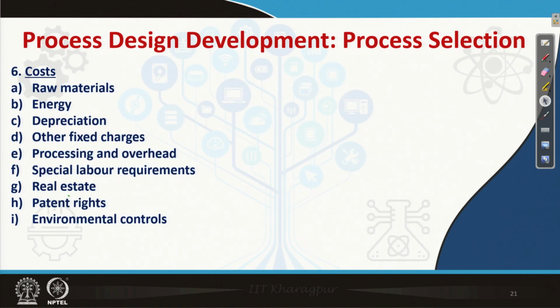Cost will of course have a major influence on selection of process, cost of raw materials, cost of energy, depreciation, other fixed charges, processing and overhead charges, special labor requirements, real estate cost, patent rights, environmental controls, etc.